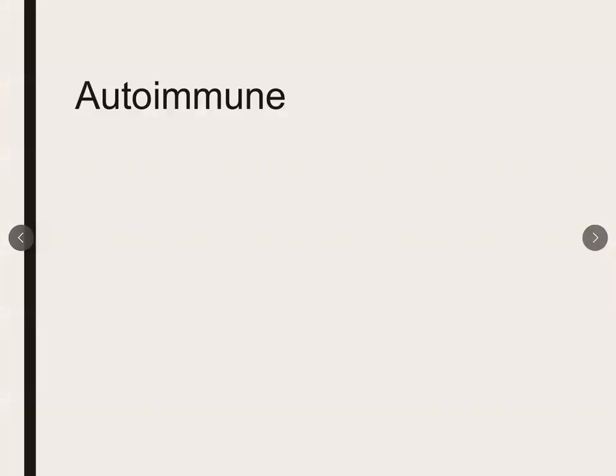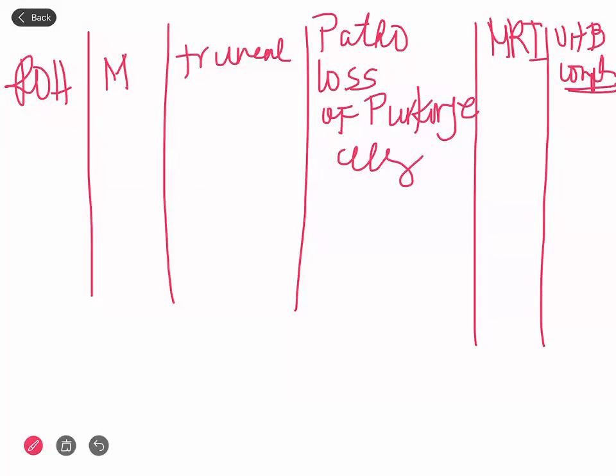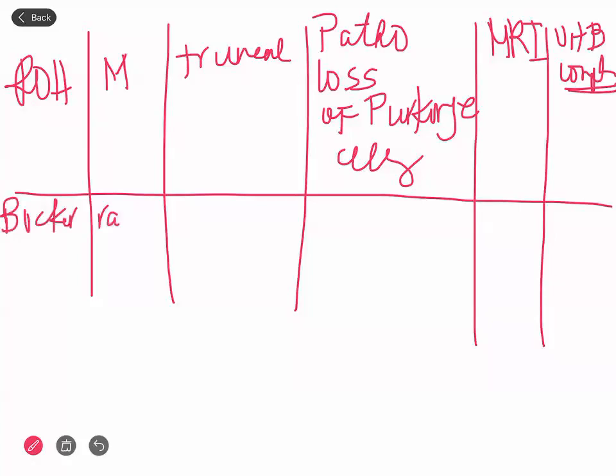Autoimmune. The prototype example of an autoimmune posterior fossa lesion is Bickerstaff brainstem encephalitis. Actually, it's rare. They cannot say if it's more common among children, male, female, and so on.